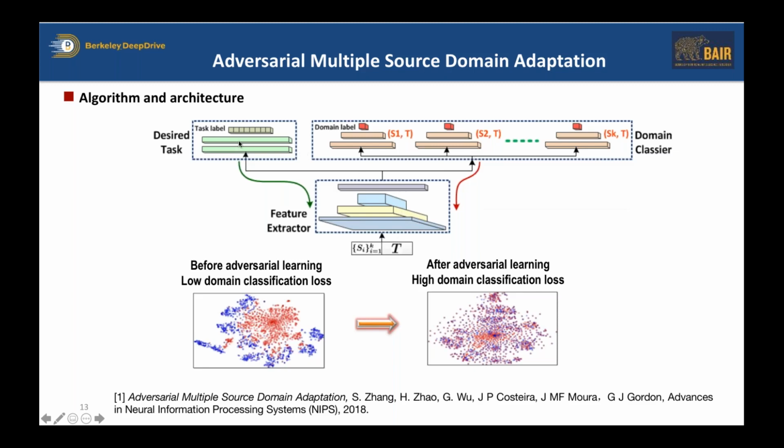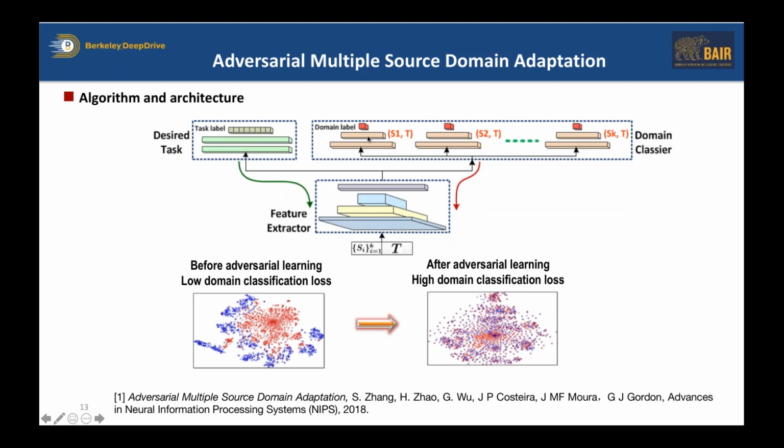To achieve a discriminative feature for your final task, we have this branch, which is trained on your source labeled data, and we encourage this branch to have very low loss for your desired task, like traffic counting. Simultaneously, in order to achieve indiscriminable features between source and target, we developed this branch. This branch is a domain classifier.